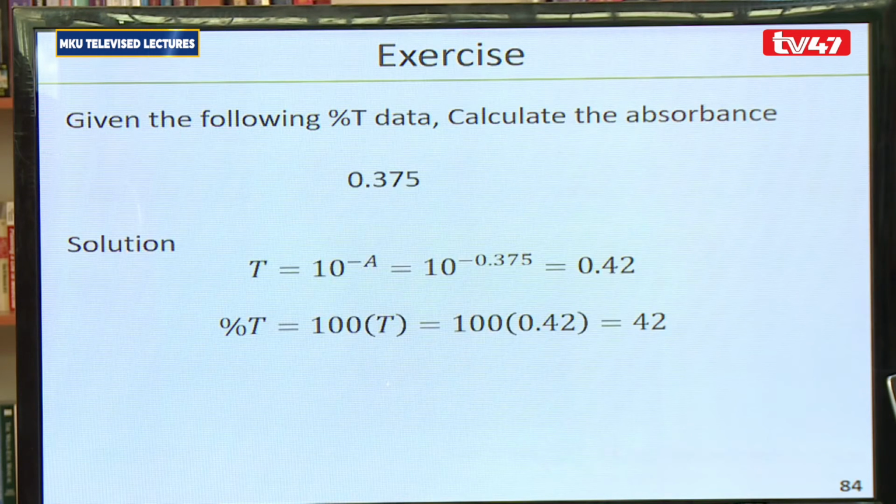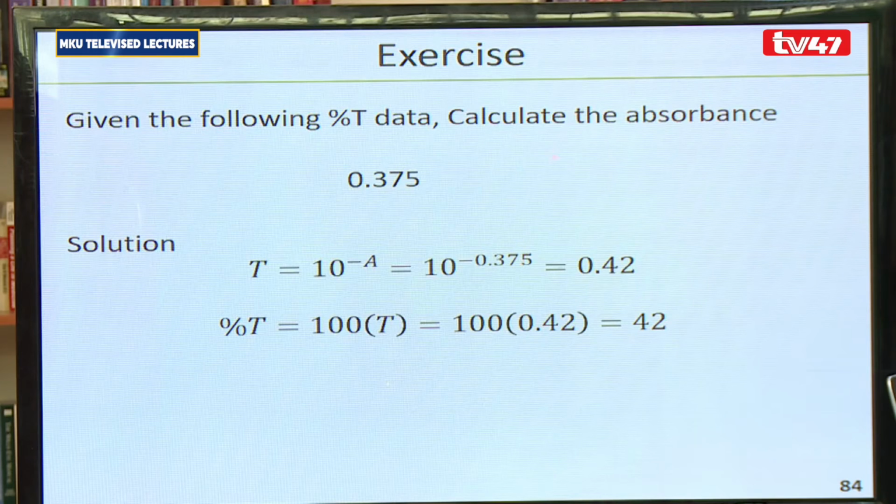Similarly, we can calculate transmittance from absorbance. In this case, you have been given absorbance, and you are supposed to calculate percent transmittance. So the question here should be: given the following absorbance data, calculate the transmittance.